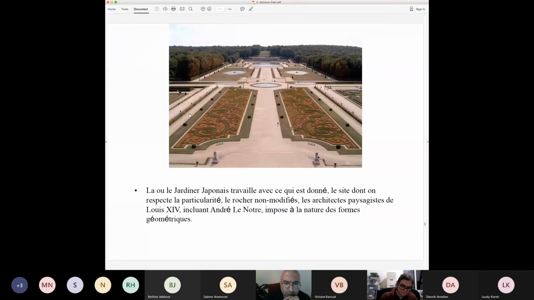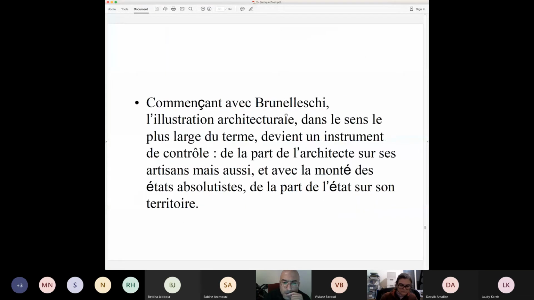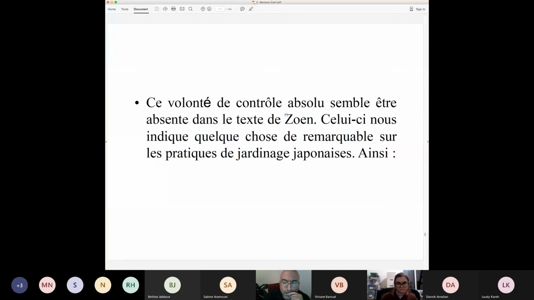Over the uniformity, you see the uniformity. Look at these trees. They are as precisely uniform as you can make them without modern equipment. All of this seems to be missing from the work of Zoen.